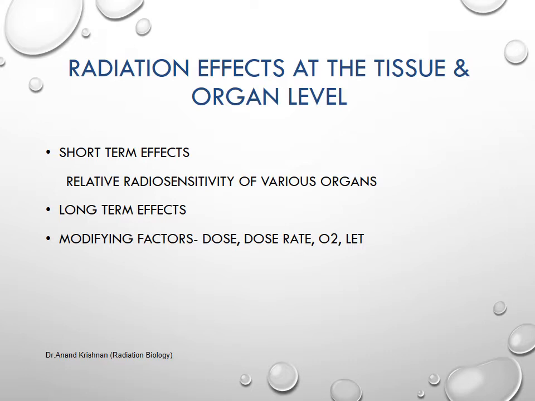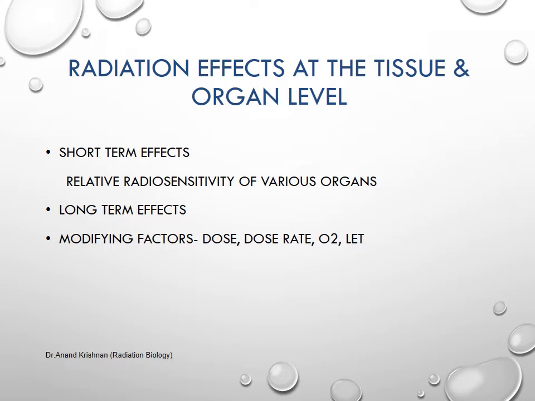So what we have to understand here is that not all the cells respond to radiation in the same way, and a cell that is sensitive to radiation is termed radiosensitive, and the one that is resistant is called radioresistant. So the response of the cell to radiation exposure is determined by the mitotic activity, cell differentiation, and cell metabolism.